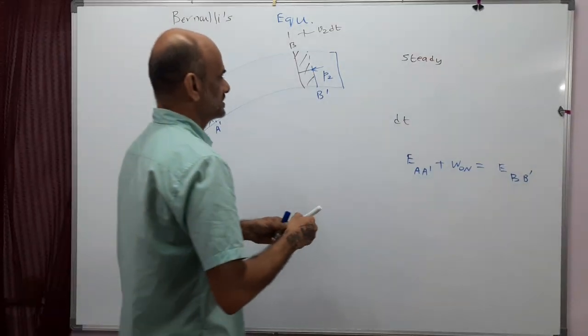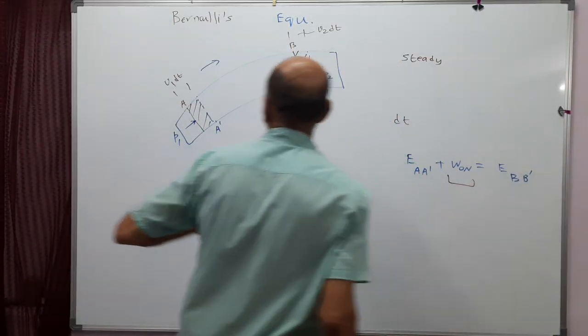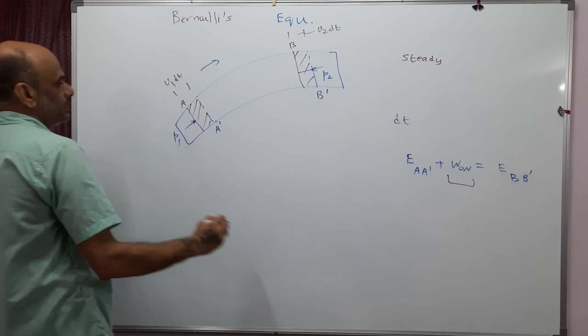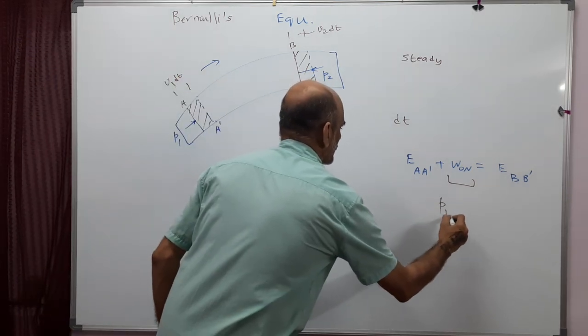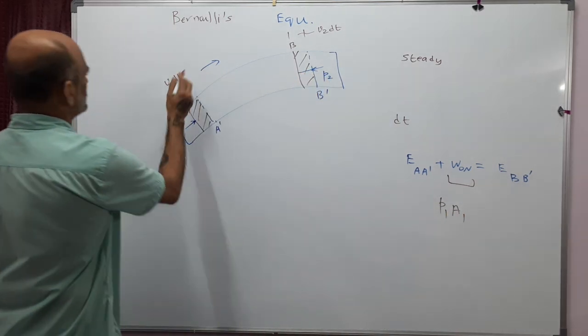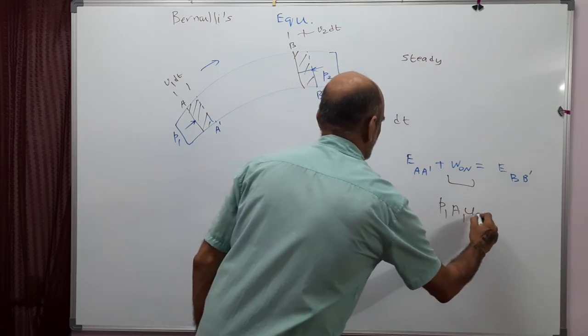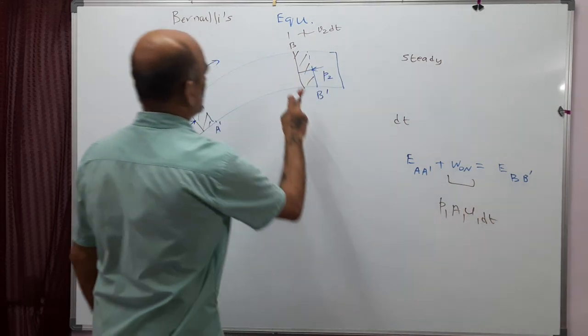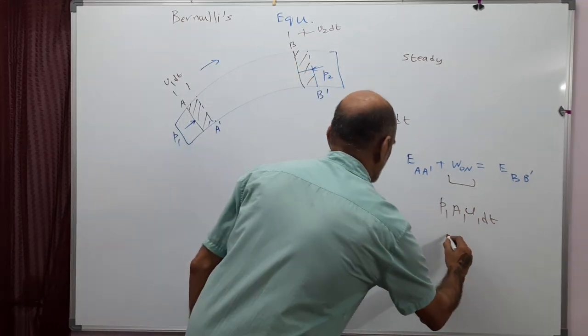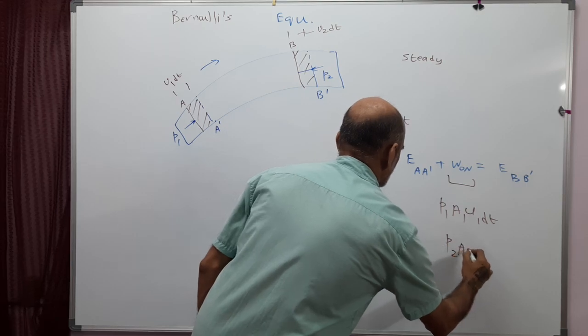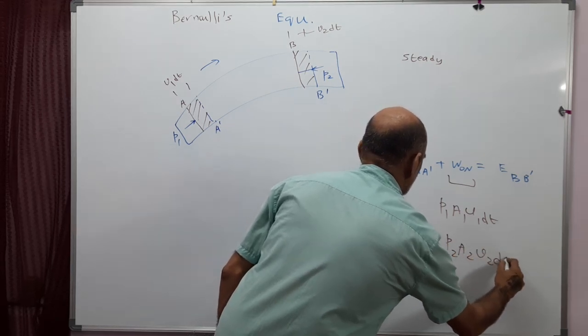So this work done is force and displacement. Here the force is P1 A1 and the displacement is v1 dt. And here the force is P2 A2 and the displacement is v2 dt.